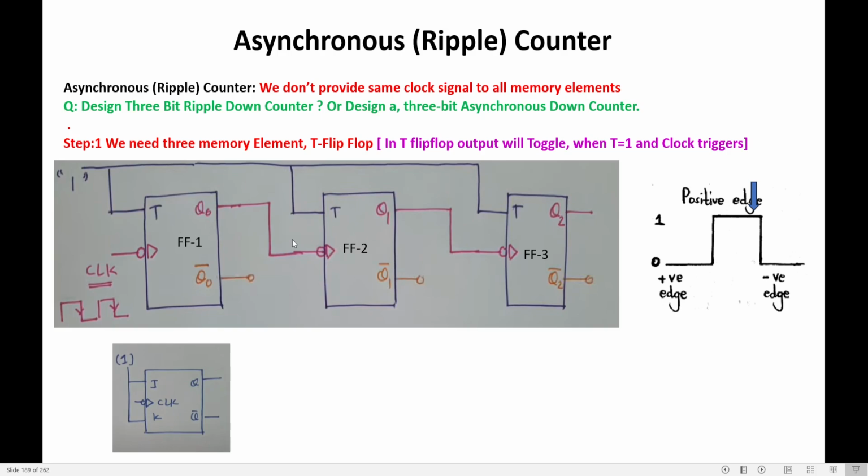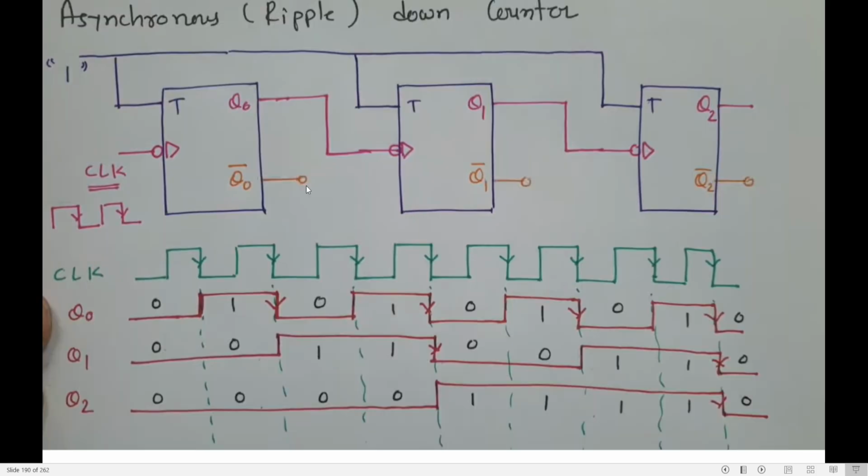And where will we get the output? If it is an asynchronous up counter, outputs are obtained from Q0, Q1, Q2. Since it is a down counter, outputs are obtained from Q0 bar, Q1 bar and Q2 bar. Clear? First, to design a down counter, we need to design an up counter.